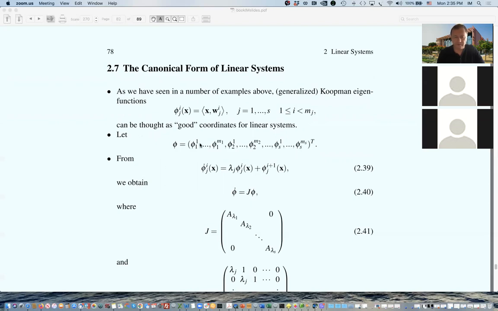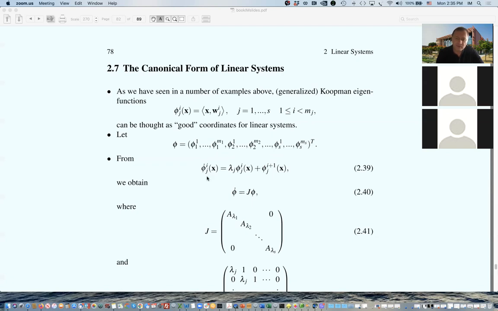This is a column vector that starts from phi 1,1, goes to phi 1,m1, that's the multiplicity of eigenvalue 1. And you go from phi 2,1 to phi 2,m2, and you end with phi S,1 to phi S,mS. S is the number of different eigenvalues, counted without multiplicities.